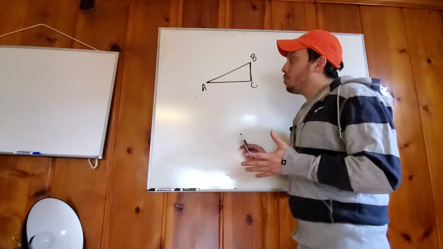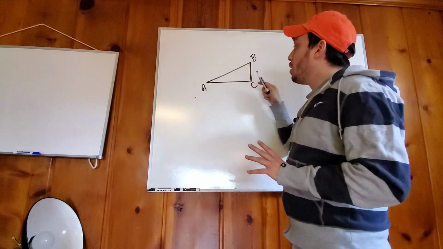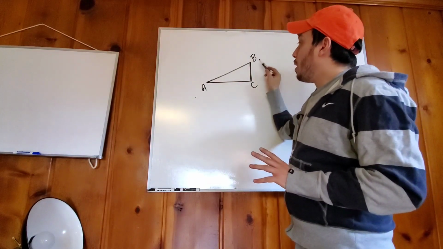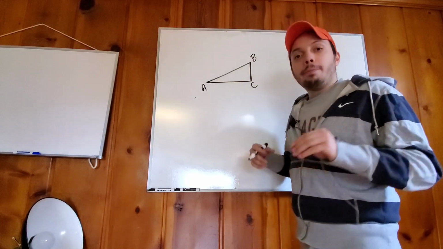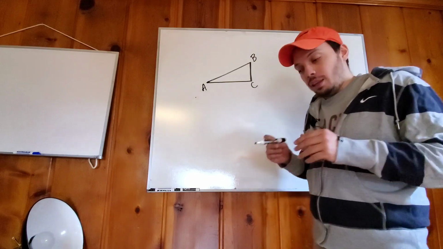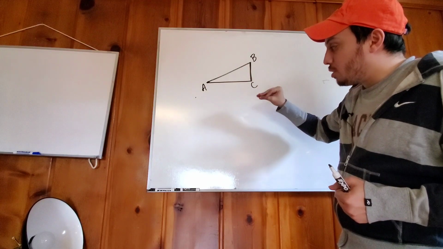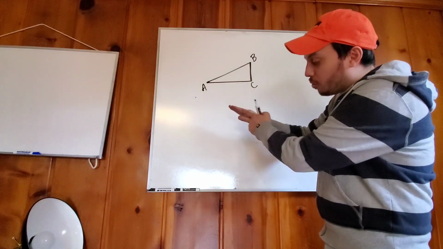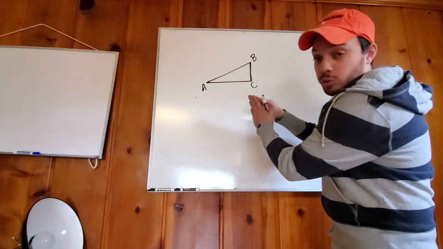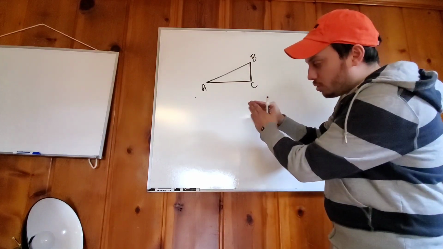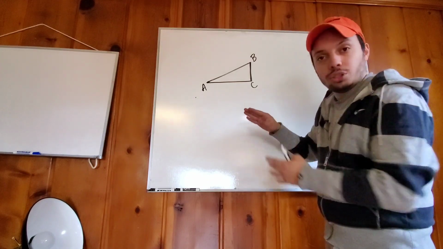It's really important because for angle A, the opposite side is going to be BC, the opposite side of B is going to be AC, and the opposite side of C is going to be AB, right? But that doesn't tell us anything about length. This is where the crocodile mouth helps us understand, because if the crocodile mouth doesn't open up a lot, then the side that would close that mouth is not very large.